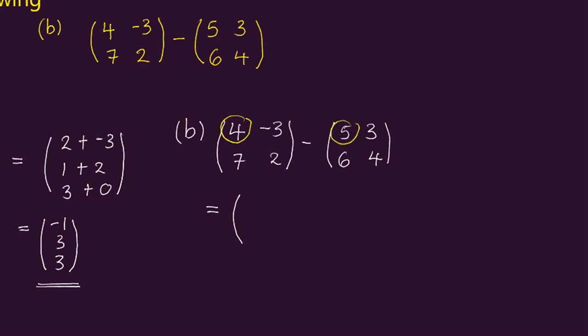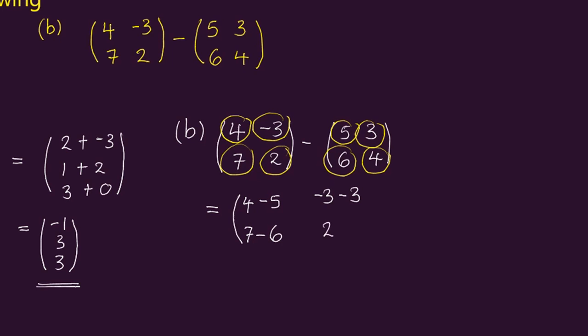Since we have a minus sign, that's 4 minus 5, and negative 3 corresponds with 3, so that will be negative 3 minus 3, 7 and 6, so that's 7 minus 6, and lastly 2 minus 4 for those corresponding elements. And now we just simplify.